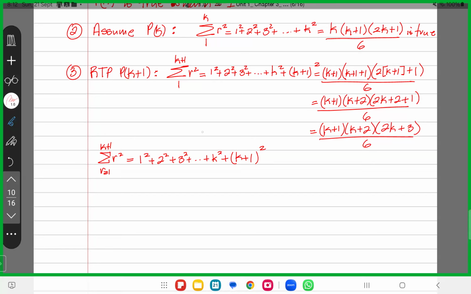This is the left-hand side. We must work the left-hand side until it becomes the right-hand side. This is the right-hand side.